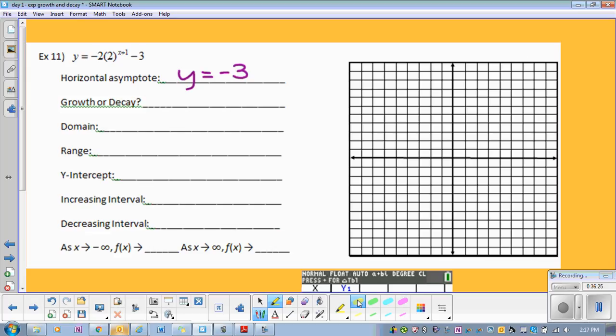Why is it a growth? Well, first off, what is the base that this exponent is attached to? 2. So then that's a growth. 2 is greater than 1.